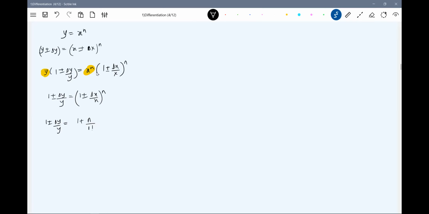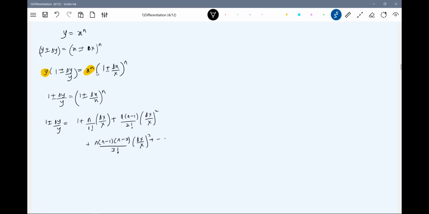N into 1 factorial, delta x by x, plus n into n minus 1, 2 factorial, delta x by x whole square, plus n into n minus 1, n minus 2, 3 factorial, and so on.